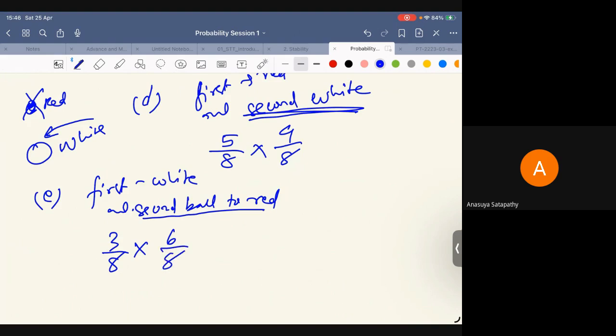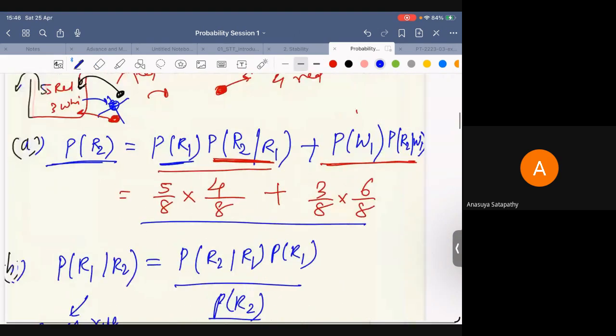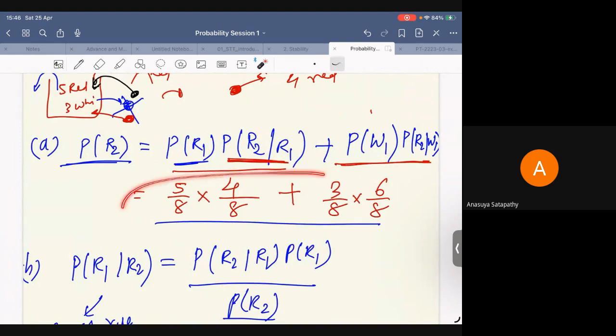Okay. Did everyone understand when we have to multiply and when we have to add? Sometimes we are multiplying and sometimes we are adding. When a specific situation is happening, it's multiplication.